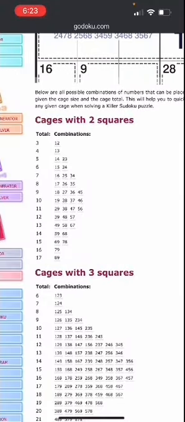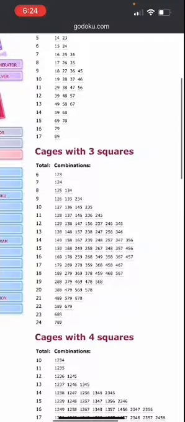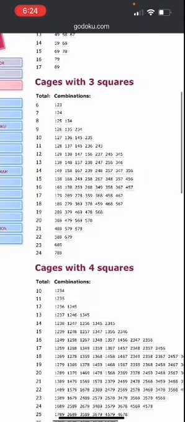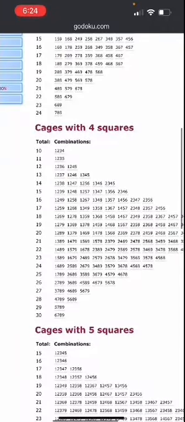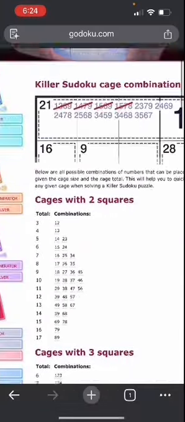So you'll notice, for example, that 3, 4, 16, and 17 under the 2 square cages all have only one combination of 2 numbers. So 3 can only be 1 and 2. 17 can only be 8 and 9. And you'll notice as you get further down that you get more and more combinations, but there are certain numbers with only one combination, and that's going to be useful for later.